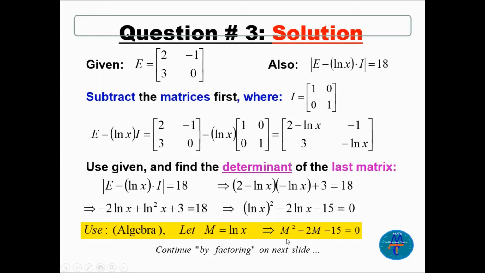We can see that on the next slide. You can try, if you like, to find the values of M here, and then after that, find the values of x. Remember, we need the values of x. But here we let, meaning suppose or assume, capital M equal ln of x.